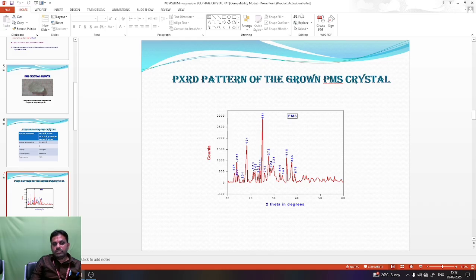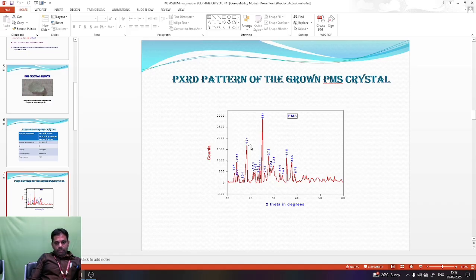Now look here, this is the XRD pattern of the grown potassium magnesium sulfate crystals. In this diagram, the x-axis represents degrees, that is the angle of diffraction, the two theta value, between the incident angle and the diffraction angle.